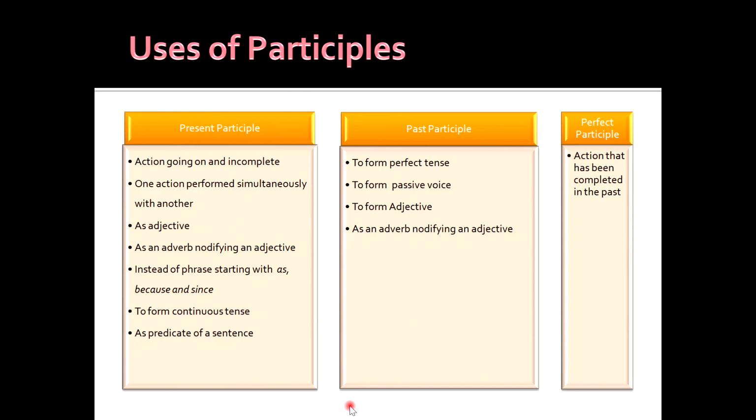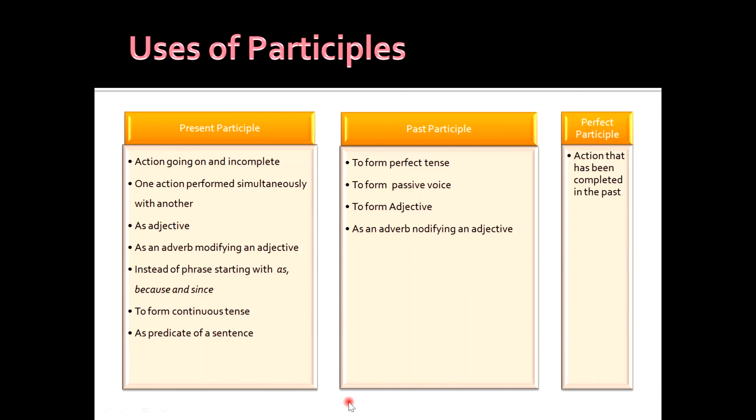What you have to notice is that there is a similarity between the present participle and the gerund. But a gerund usually functions as a noun, and a participle can be an adjective or a qualifying word at times. Now, as an adverb modifying an adjective, for example, she is dripping wet. We can use them instead of a phrase starting with as, because, and since.